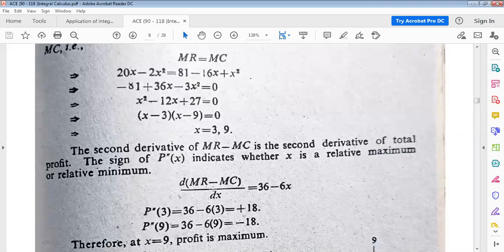First differentiation, what will it be? Marginal revenue minus marginal cost. The second derivative is the second derivative of the total profit. The sign of P double dash x indicates whether x is a relative maximum or minimum.